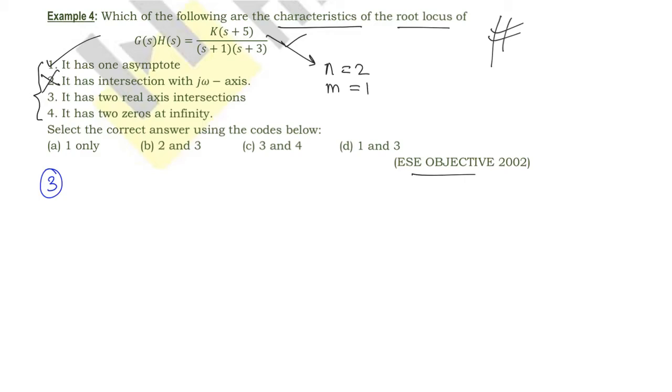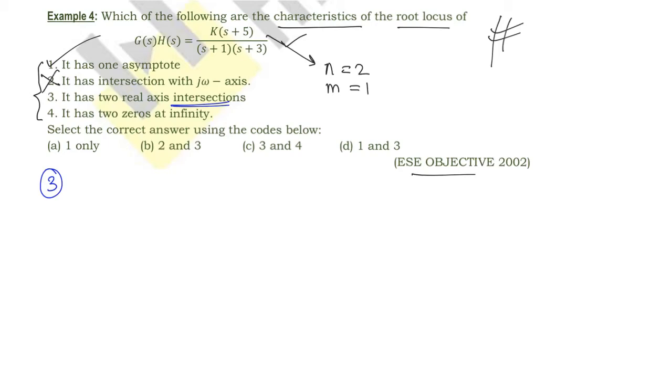So intersections here implies that we are talking about the breakaway points. We have to find out how many breakaway points are there. So the number of breakaway points on the real axis are the ones which will cause real axis intersections.